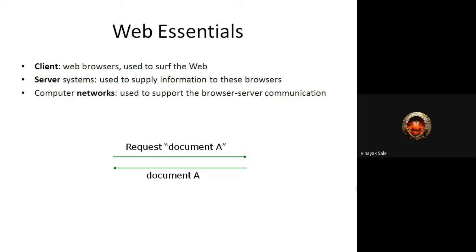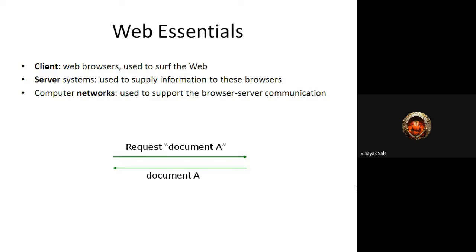Then server, that is in general which provides a service, a server system which is used to supply information to these browsers, that is supply the service or information to the clients. Then computer network, that is the network used to support browser-server communication.